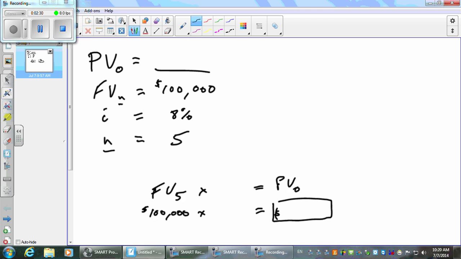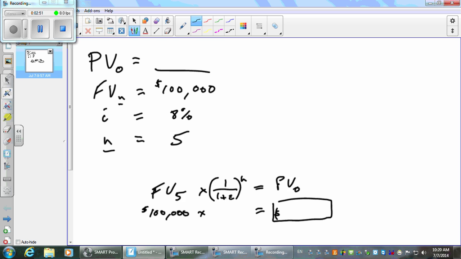So I'm going to discount. So I'm going to take it times 1 divided by 1 plus the interest rate, raised to the number of periods. So what am I saying? I'm dividing by 1 plus the interest rate over and over, right? Everybody knows when you take a number times 1 over a number, you're really dividing by the number, right?